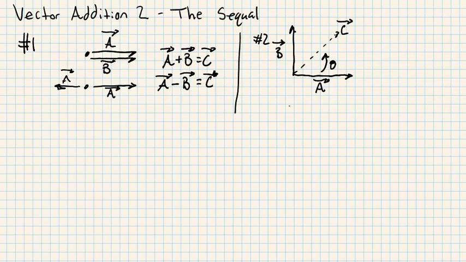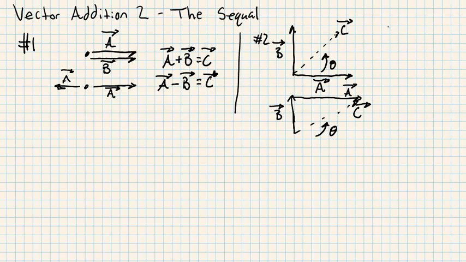So when we do that, again, by going tip to tail, it doesn't matter which one's tip to tail you go. You remember previously I had gone the horizontal to the vertical, but you can do vertical to horizontal. You'll get the same result of C up this way, lifted at some angle, theta.